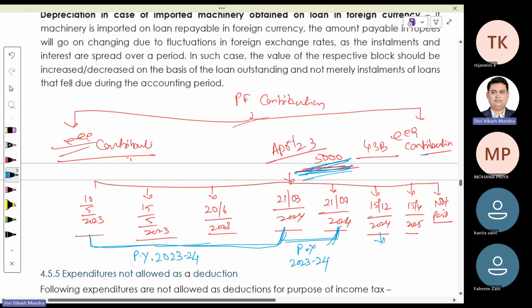For example, in this case, since the due date is over for filing return of income for previous year 23-24, now the deduction is available in the previous year in which payment was made. The payment was made on 15 December 24. That means previous year 24-25. Here, since it was made on 15th April 2025, that means payment year 2025-26. Here, since it is not paid, the deduction is not available to us.